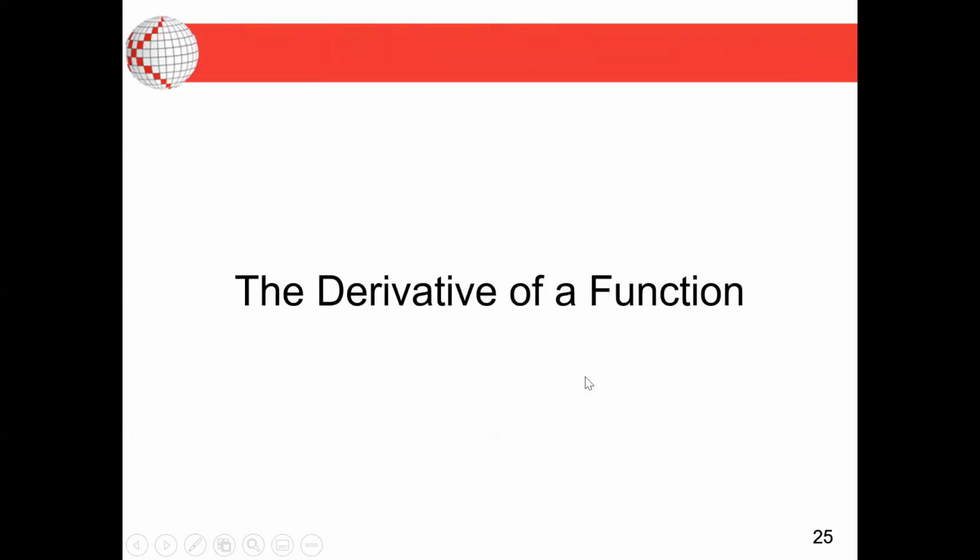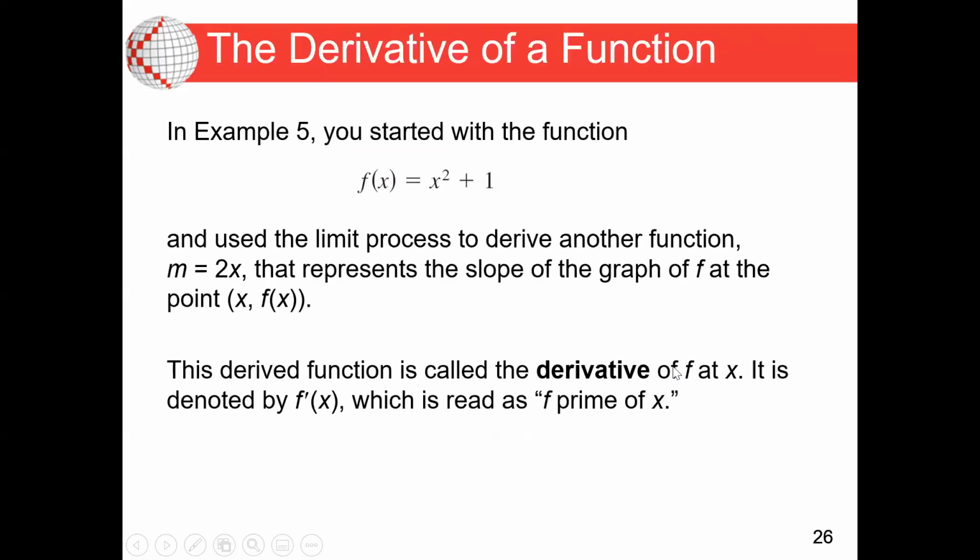So next is the derivative of a function. Now we know the limit process. We can use it now to solve any derivative problems. For example, here they give us a function f of x equal to x squared plus 1, and they say we should find the derivative of this function. Now, if we know the power rule, the answer will be 2x because the derivative of a constant value is 0.